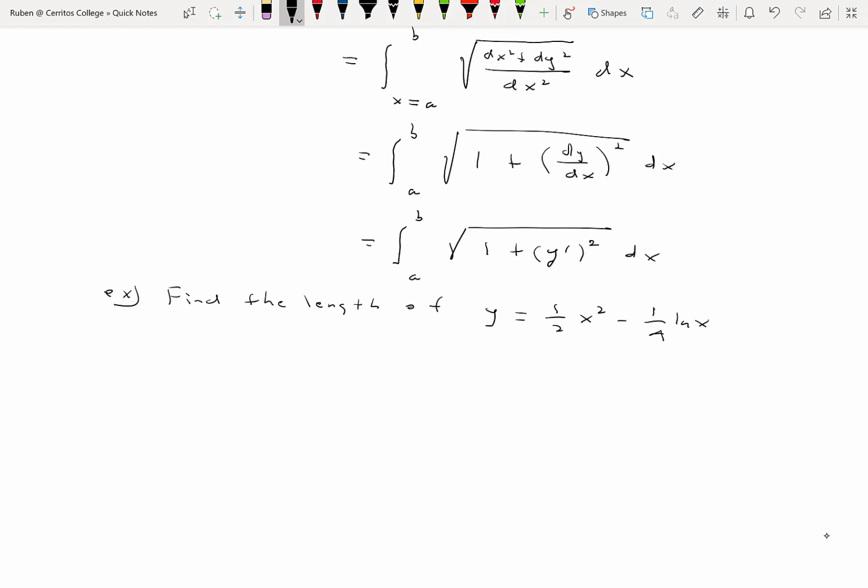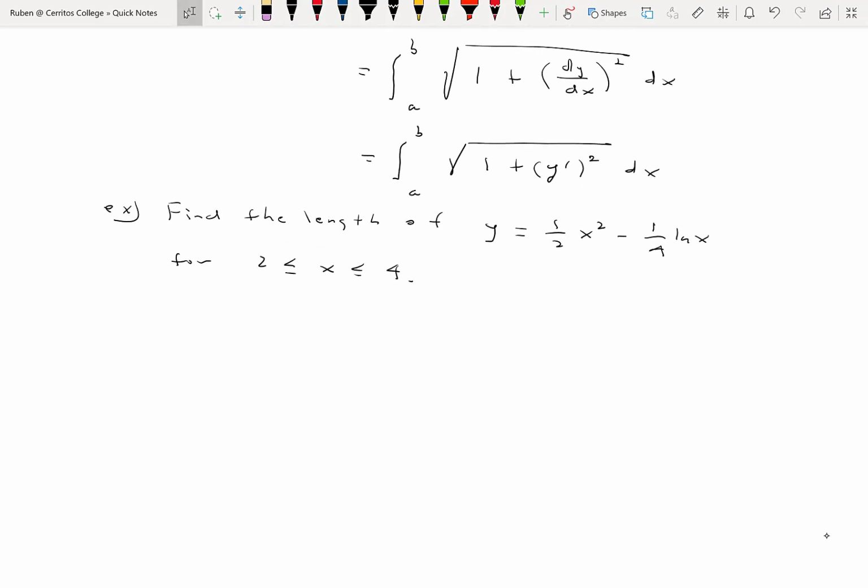Real strange looking function, for x between 2 and 4. Okay, so let's do that. Well, look at our formula. According to our formula, we're going to need y prime. So let's find y prime. y prime then is x minus 1 over 4x. Remember, the derivative of the natural logarithm of x is 1 over x.